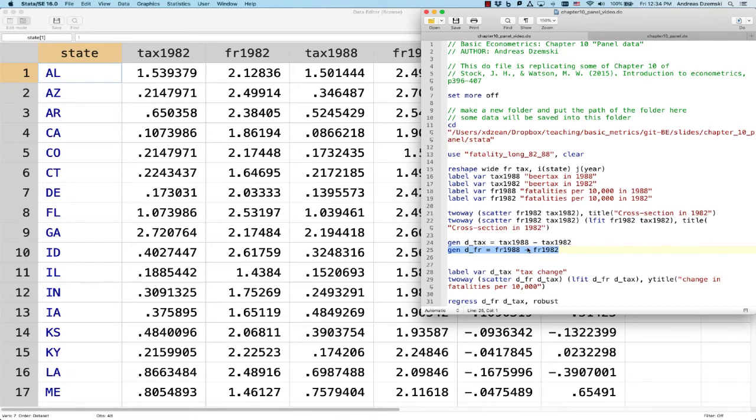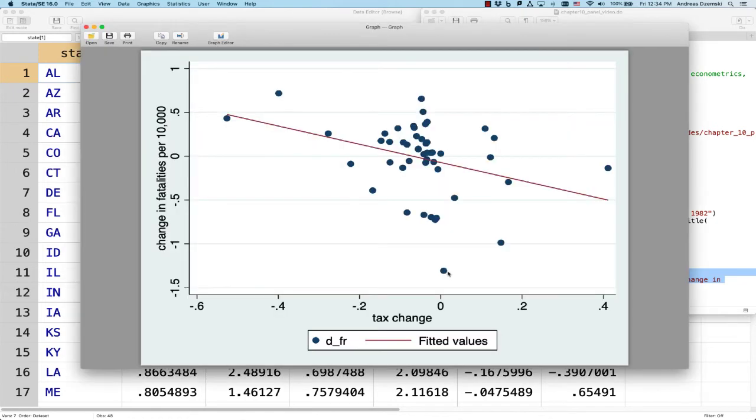And then let's plot the tax change versus the fatality rate change. So you see on the x-axis we have the tax change, on the y-axis we have the change in the fatality rate, and every dot here represents a US state.